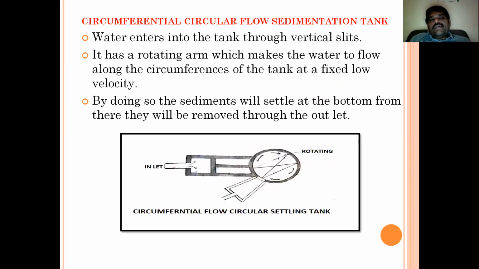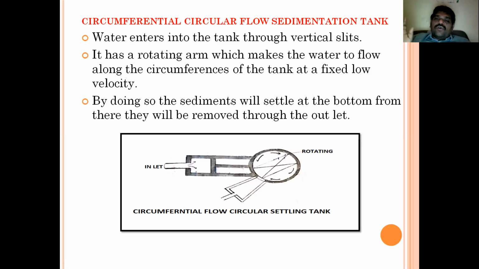Now we are entering into the next topic, in the same circular tanks. The second one is the circumferential circular flow sedimentation tank. Water enters the tank through this vertical slit, while this rotatory arm is fixed on the tank and allows the water to flow along the circumference of the tank at a fixed low velocity.